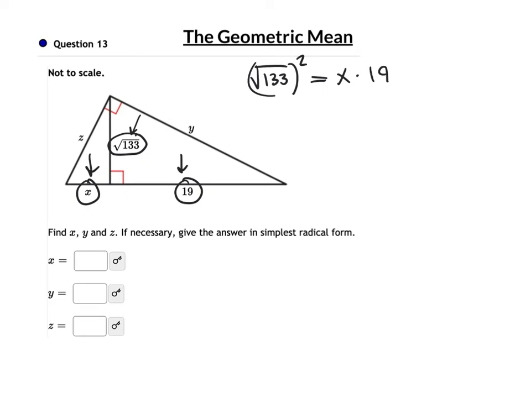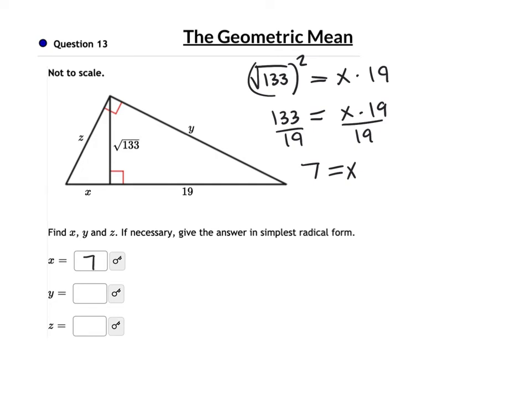And when I square a square root, they cancel each other out. This is 133 equals x times 19. I can find x by dividing by 19. I hope this divides evenly. And it does. 133 divided by 19 is 7. X is 7.